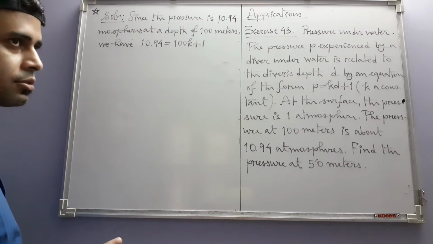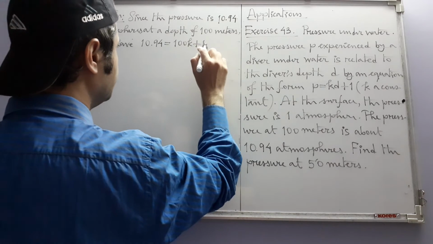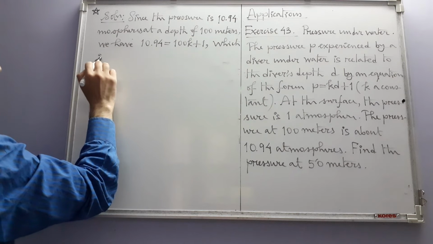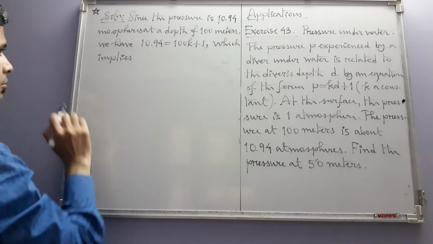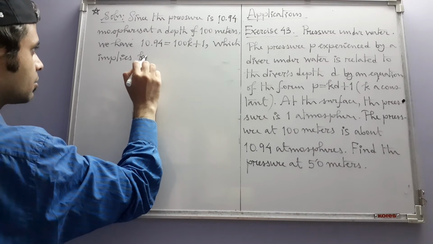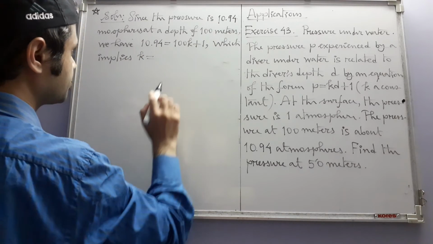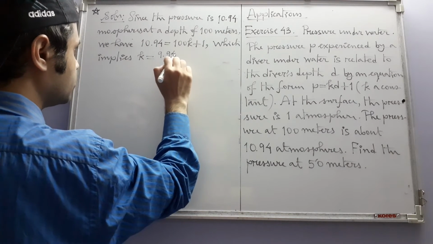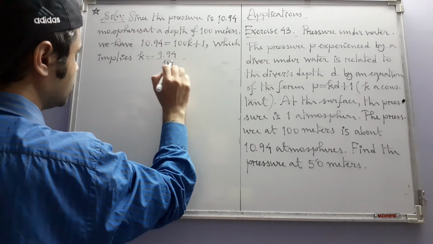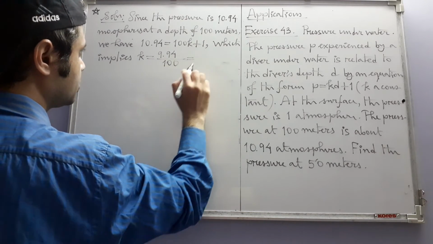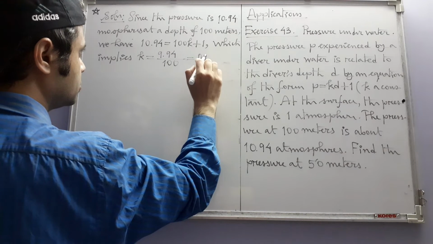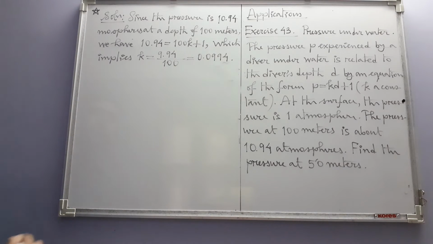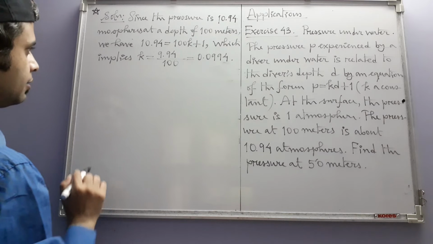From this equation we can solve for K and find the value of K, which implies K is equal to, okay, so this will be 9.94 divided by 100, that is 0.0994. Okay, so what is the pressure at 50 meters?